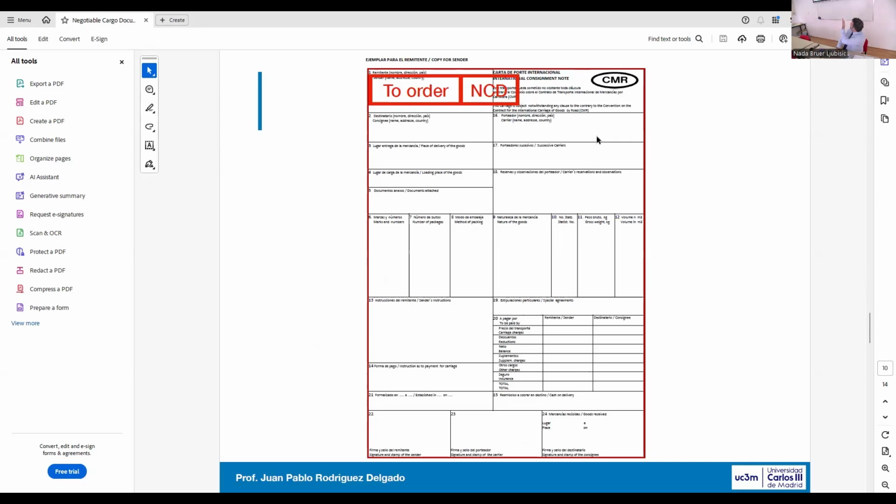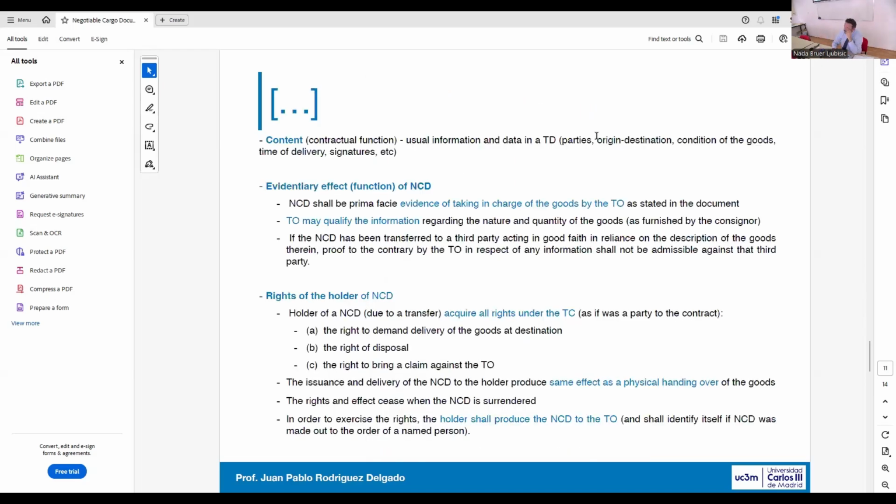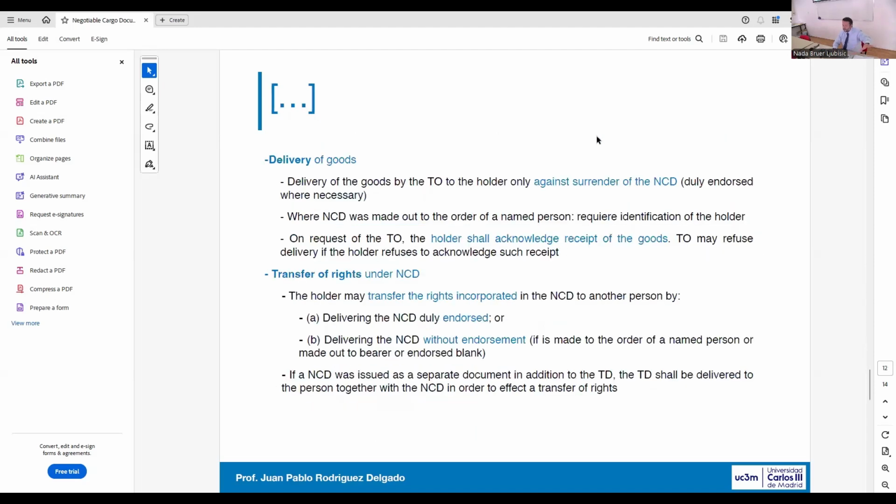This is an image of an example, a CMR with the stamp of a negotiable cargo document. I'm not going to enter into the content of the convention because I don't have time, but the convention establishes the content of the document, the evidentiary effect or functions of the negotiable cargo document, the rights of the holder, what happens with the delivery of the goods in case of a negotiable cargo document, and how the transfer of rights under this document works.